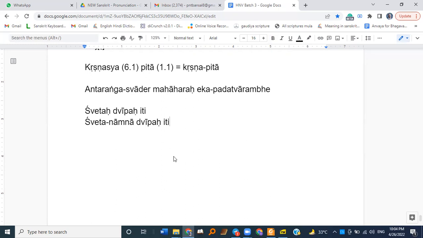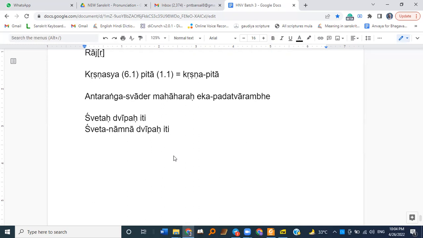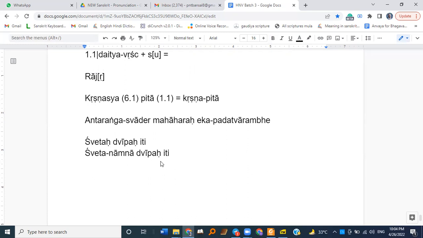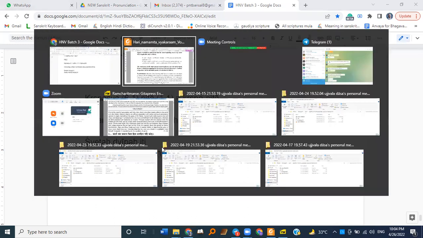Or Krishna, also Krishna Pita. Then Krishna is the father, like. So the samasa leads to multiple interpretations, right, Prabhuji? Yes, samasa can be done in many ways. I think that becomes the playground for it. It does actually.